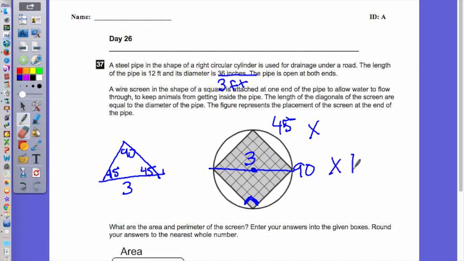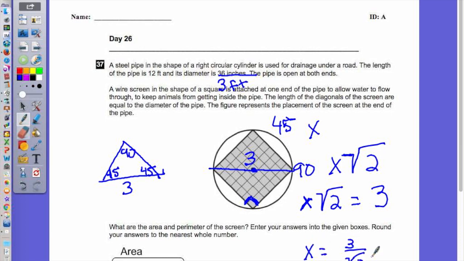So what we're saying is if we want to find the side length here, I need to take x radical 2 and set it equal to 3, correct? So basically, I'm going to do 3 divided by radical 2.